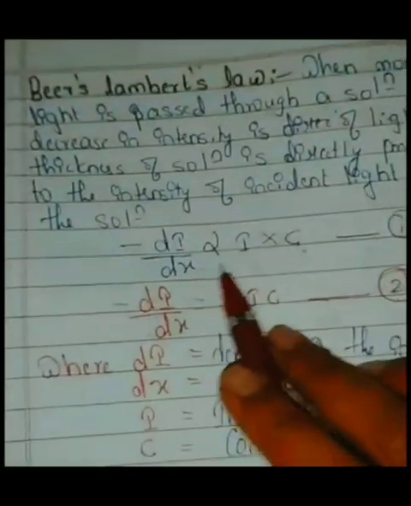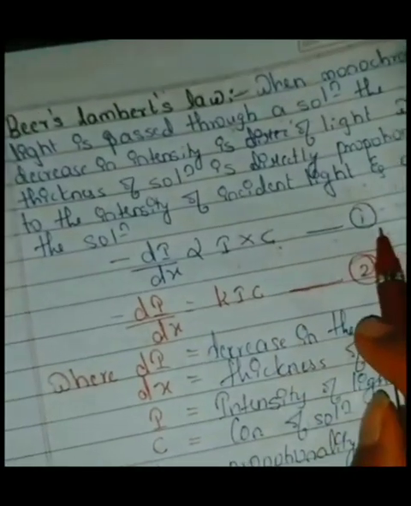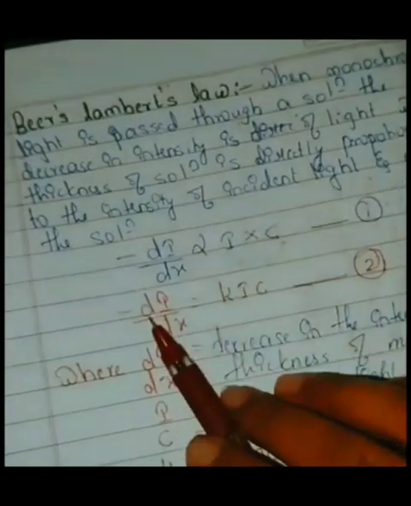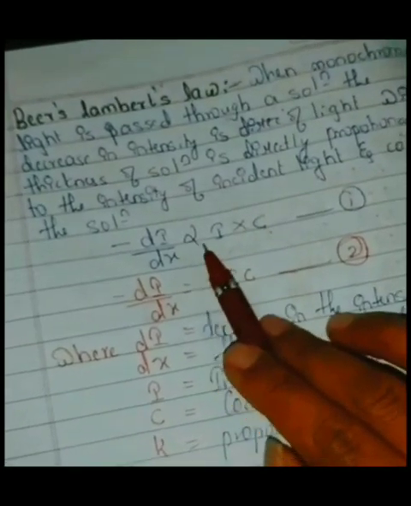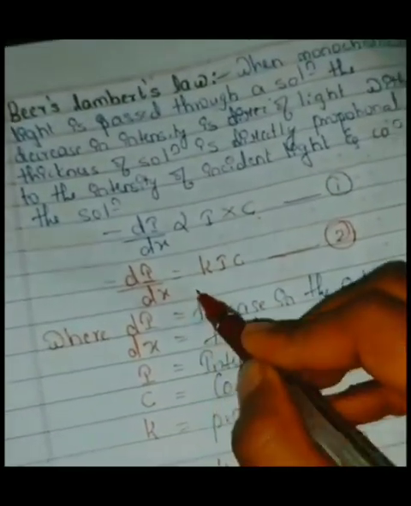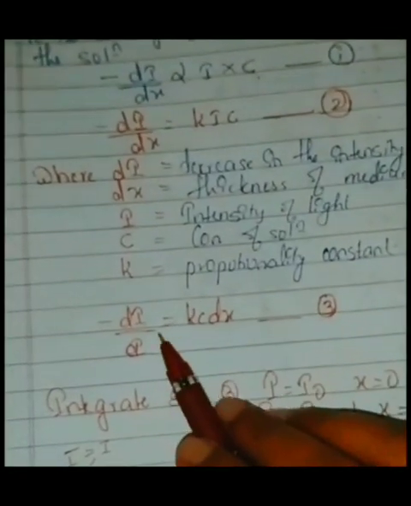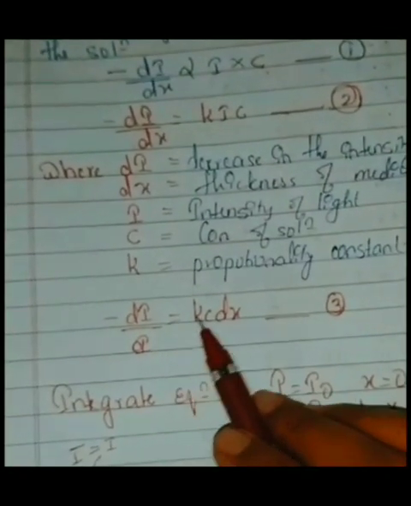Now this is the Beer-Lambert law expression, which will be our first equation. The second equation will be this: we remove the proportionality sign and write equals, with the constant k. Then minus dI by I is equal to kC dx will be our third equation.